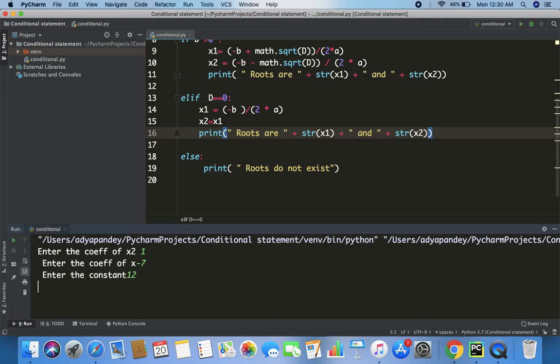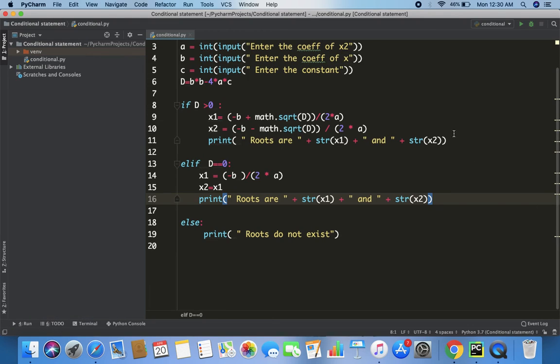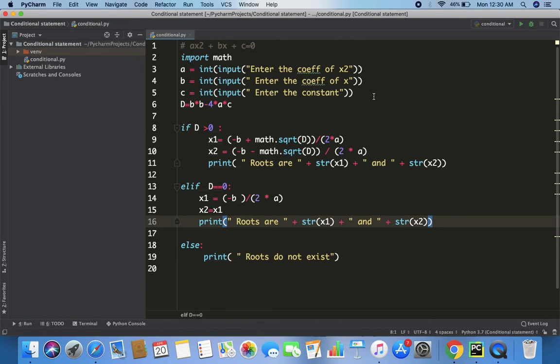So the roots should be 3 and 4. Here it is 4.0 and 3.0. So this is the basic nature of the if elif statements. In this situation you can have more condition checks, and this is the best way of doing it.